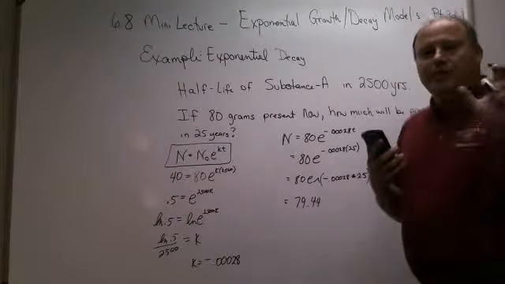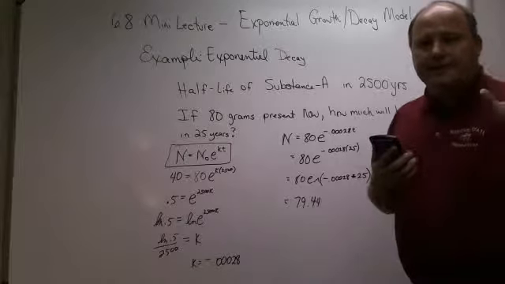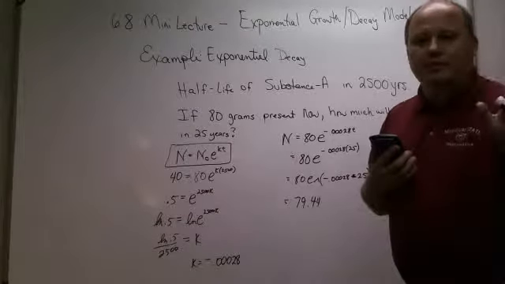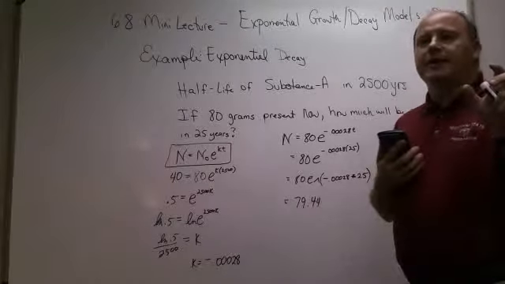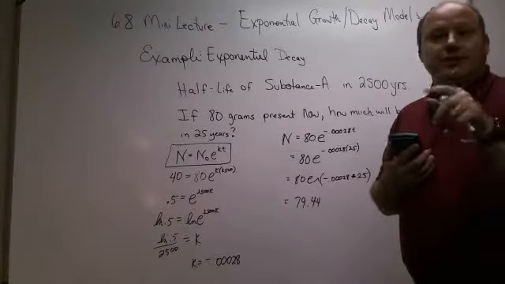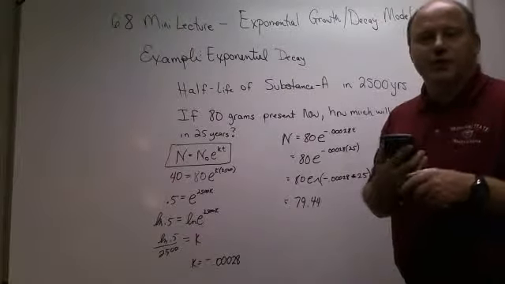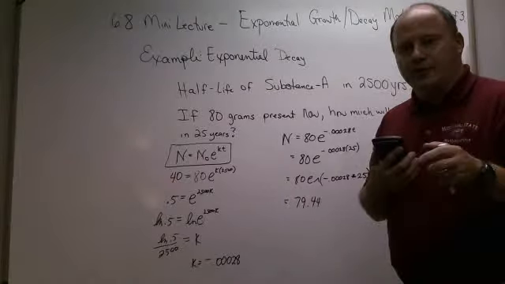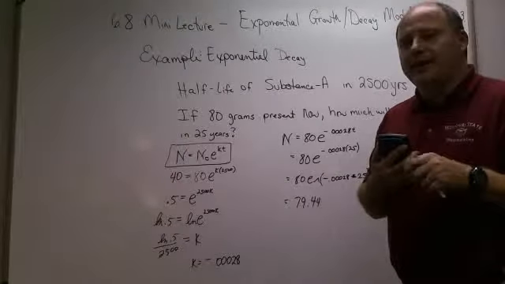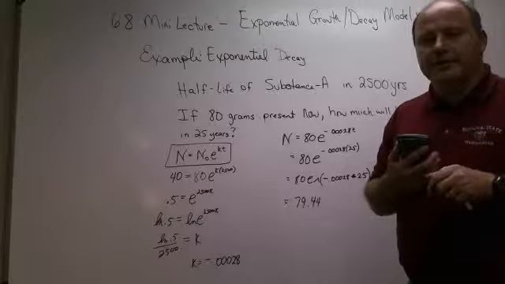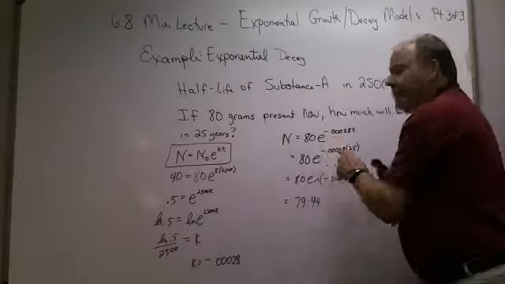So if I just threw a problem at you and said, here's an exponential uninhibited problem, and you'd ask which one it is, you just look at the k. If it's positive, I know it's growing. If k is negative, I know it's decaying. So you don't even have to be told one way or the other. It's just by that number right there.